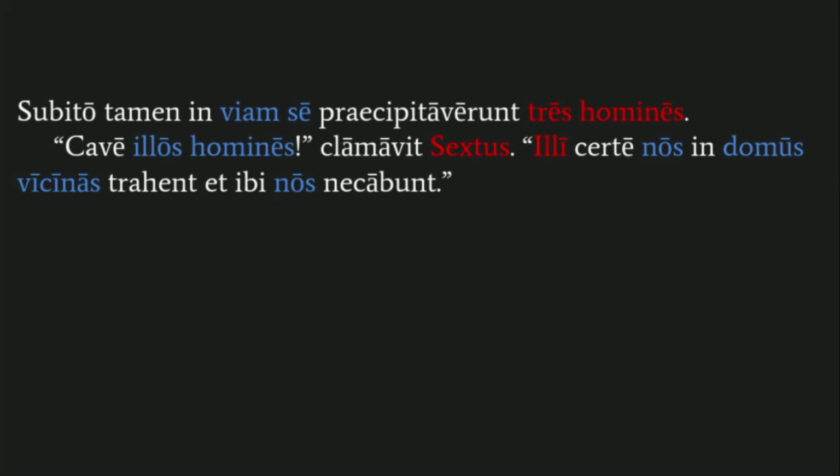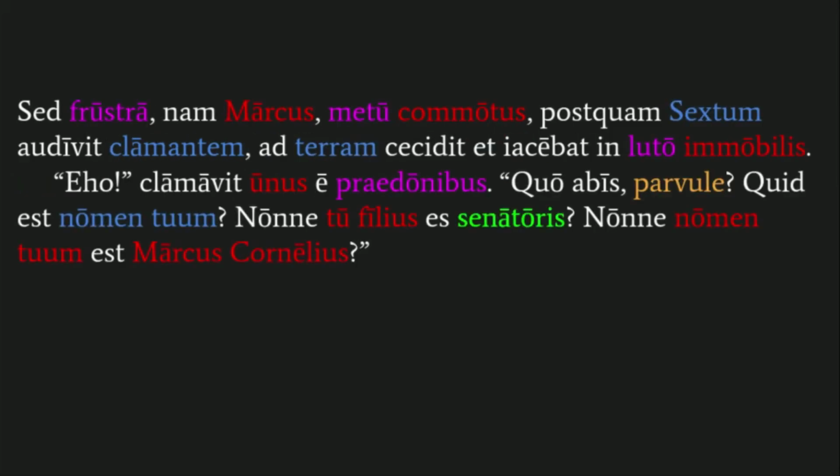They will drag us into the houses, the neighboring houses, rather. Domus is a fourth declension noun. The US ending, the long US, is accusative plural, and it's a feminine noun. You can tell because it's going with vicinas. The long AS in vicinas is also accusative, feminine plural. So he's saying they will drag us into those neighboring houses, and there they will kill us, right? So Sextus is immediately assuming the worst of these people that he sees in the street.